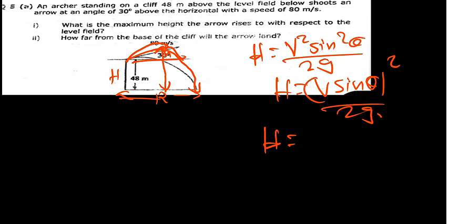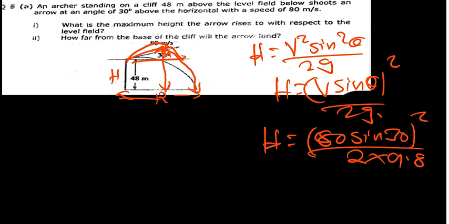So my v is 80, sorry. The angle is what? 30. Then we square it, then we divide it by 2 times 9.8. Those having calculators, you can help us. So first 80 sine 30.